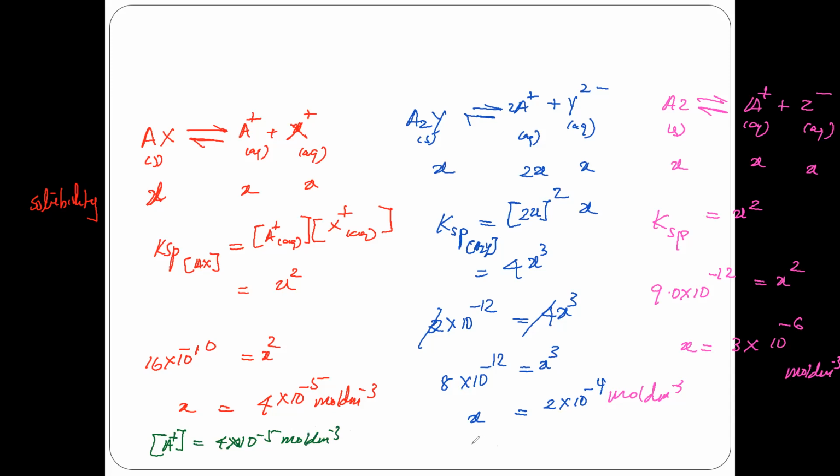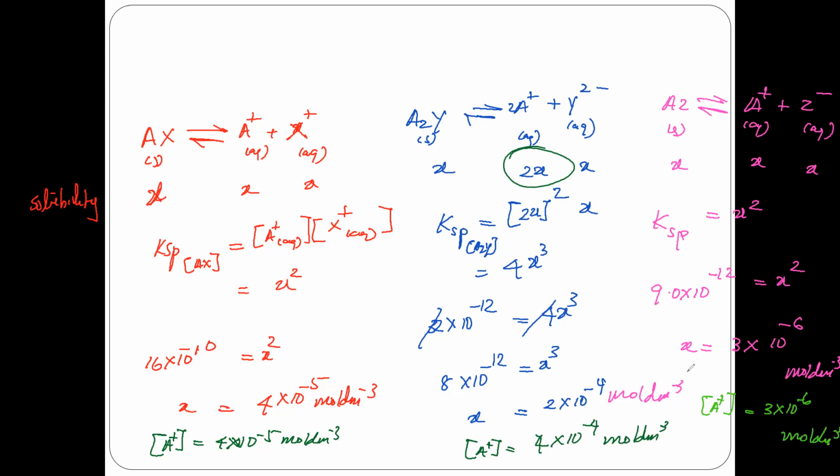Here the concentration of A is 2x, right? So you write 4 into 10 to the power of minus 4 mole decimeter minus 3. And the concentration of A here is 3 into 10 to the power of minus 6 mole decimeter minus 3.